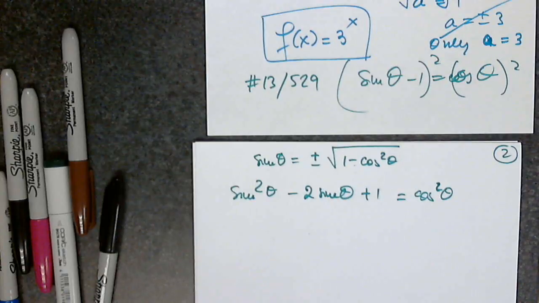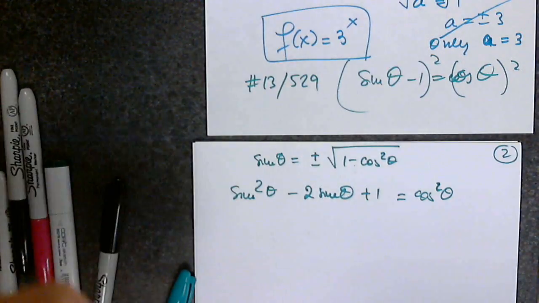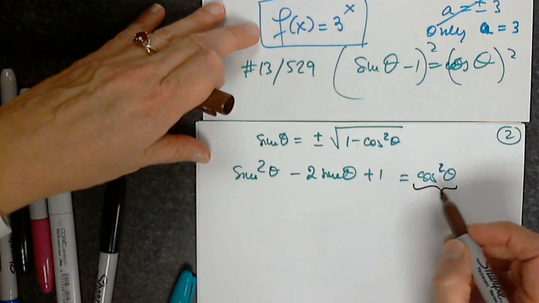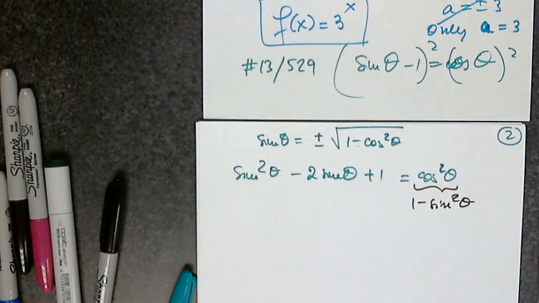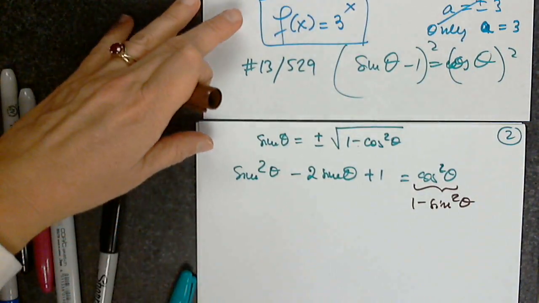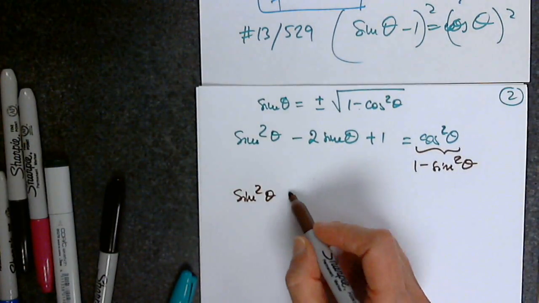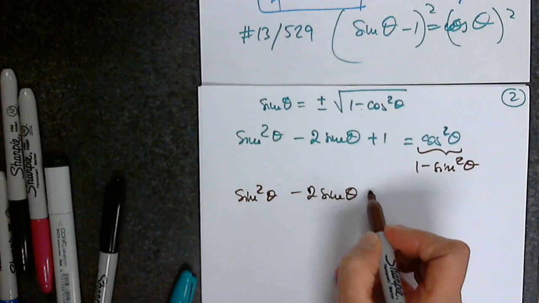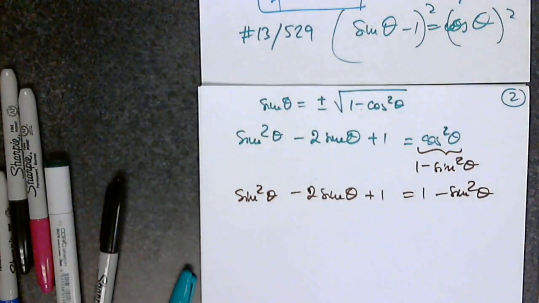But remember, I squared both sides, and at the end of the day, I have to go back and check whatever solutions I get in the original problem. So the equation becomes sine squared theta minus 2 sine theta plus 1 equals 1 minus sine squared theta.